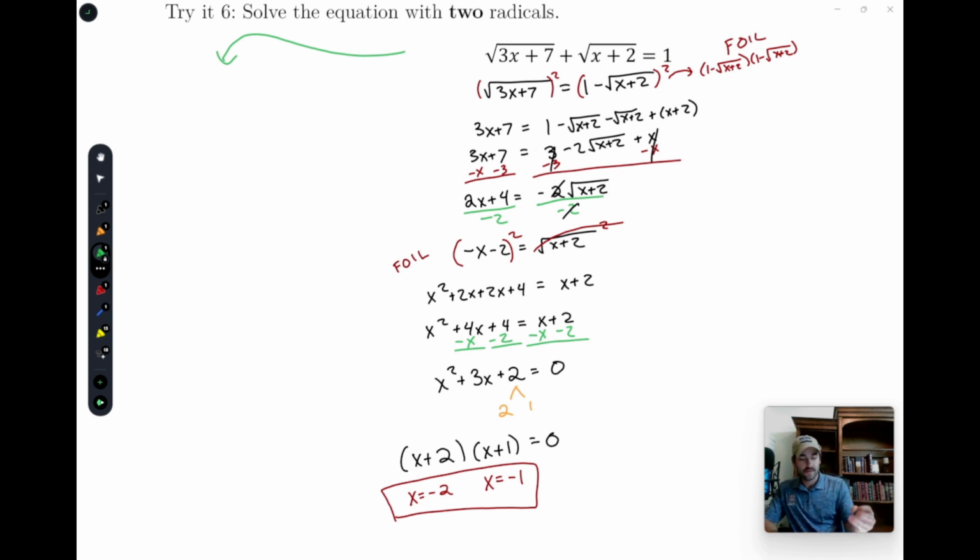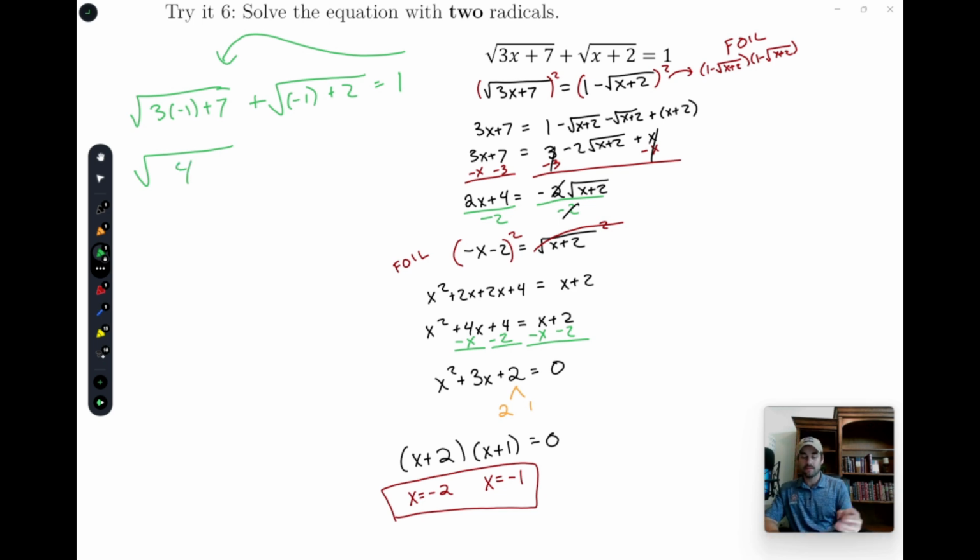So here's my check for solutions outside of the bounds, or solutions that result in a negative square root. So the first thing I'm going to do, let's do -1. It seems a little easier. Square root of 3 times -1 plus 7 plus the square root of, what was it doing, -1 plus 2 equals 1. That would be the square root of 3. It's kind of tough. So, oh, no, that's 4.